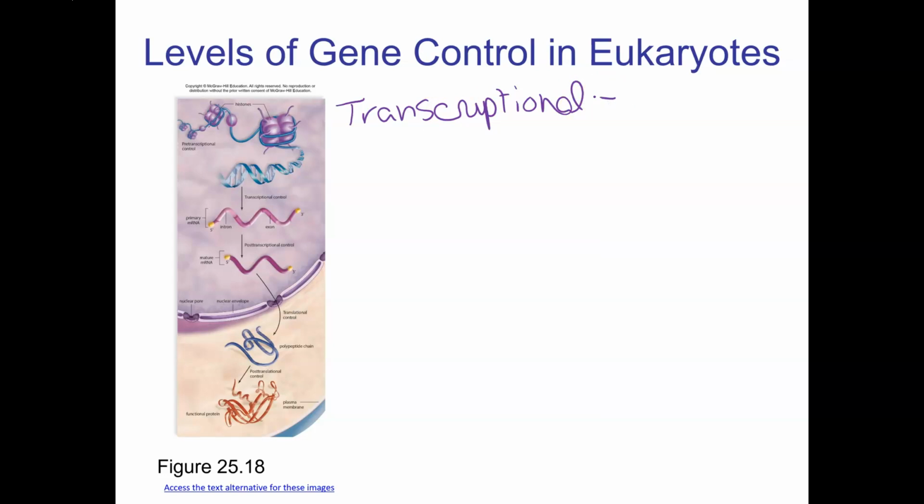So for transcriptional control, we're going to need activators and transcription factors that are going to influence the ability for the protein or the messenger RNA to be produced.